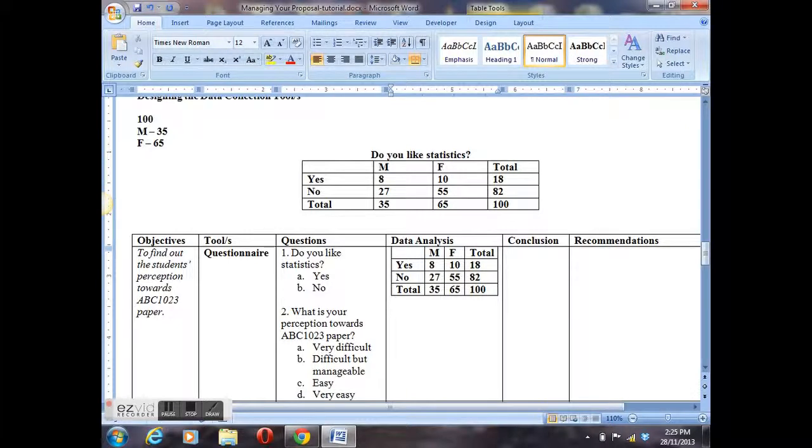Now we can convert this into percentage. This is the simplest way.